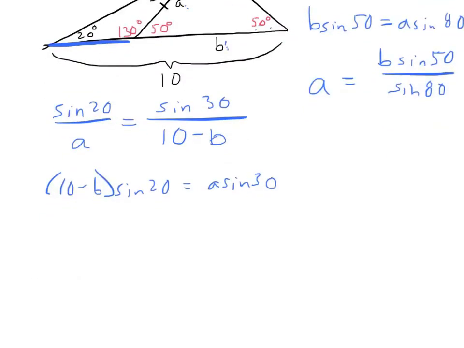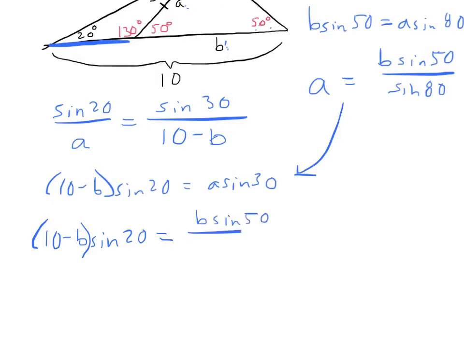And so at this point we could even plug this in here. I could have 10 minus b sine 20 equals b sine 50 over sine 80 times the sine of 30 degrees.